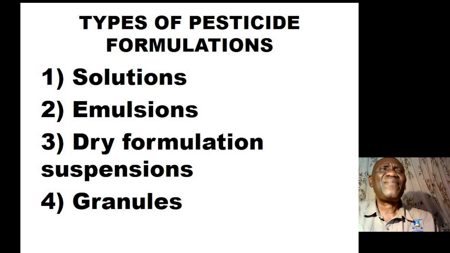We also have emulsions, which are also liquids. Dry formulation suspensions, these are also liquids. Then you can have granules, maybe powders. Probably I've also left powders, which is important.